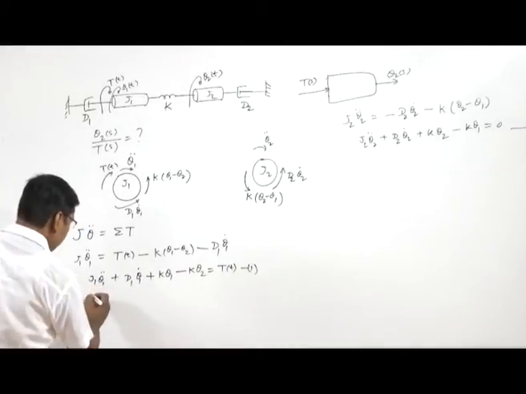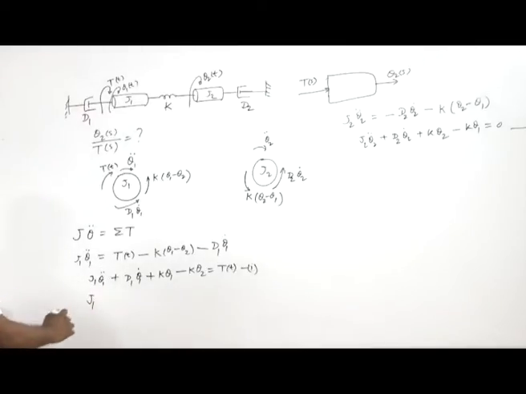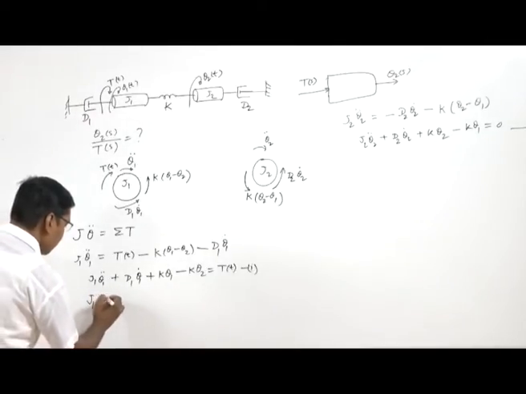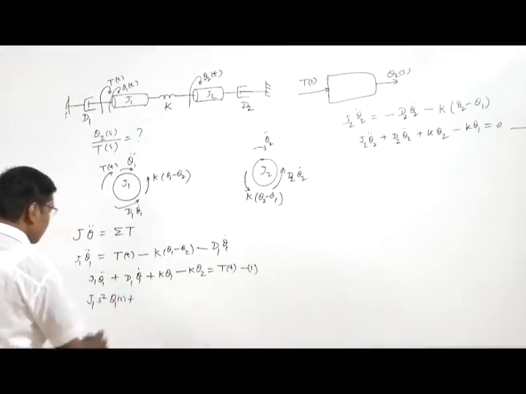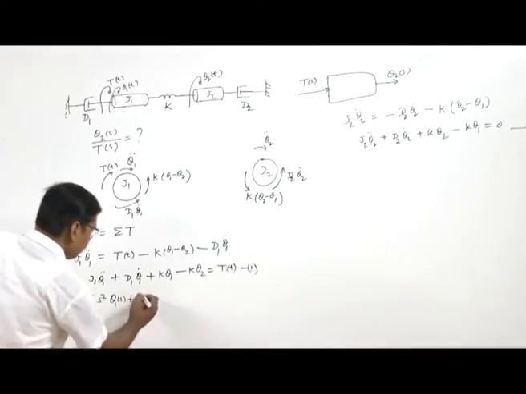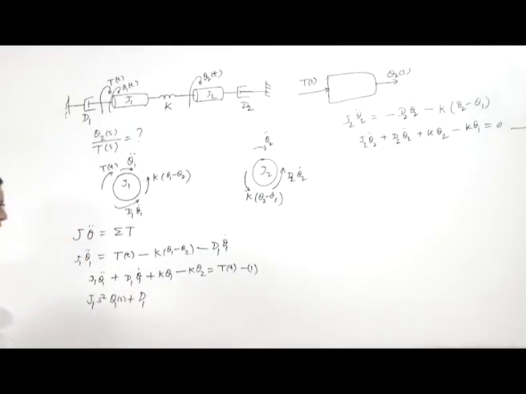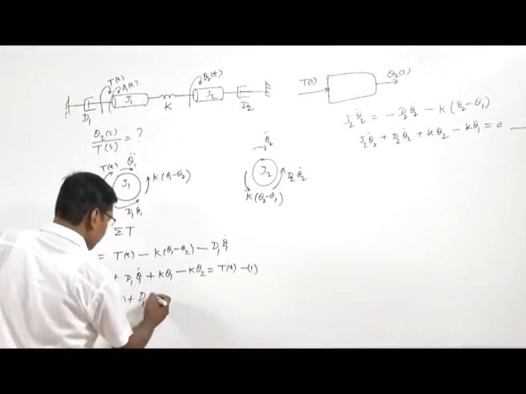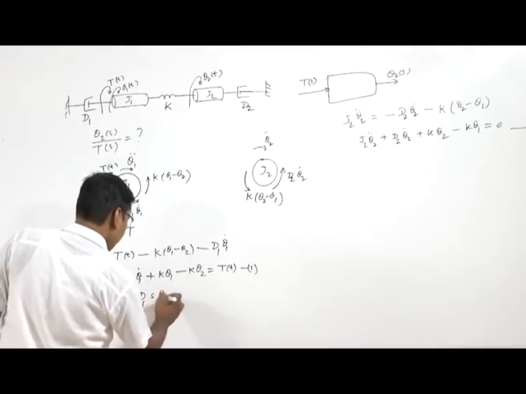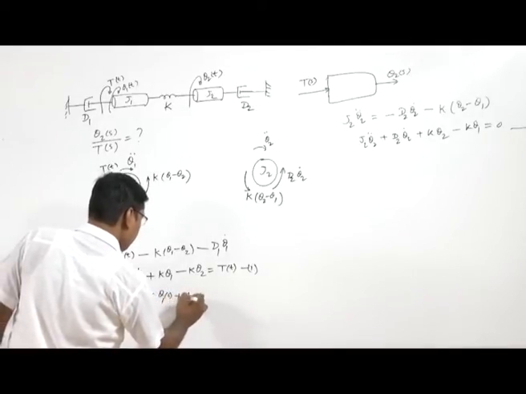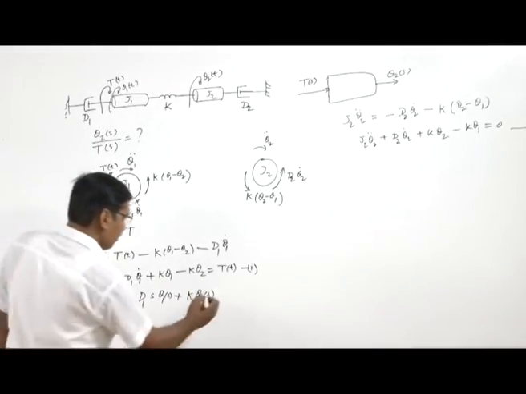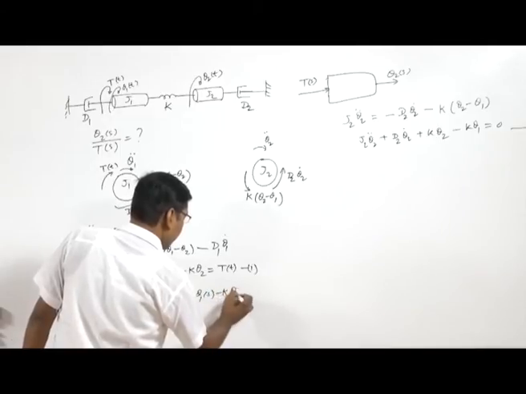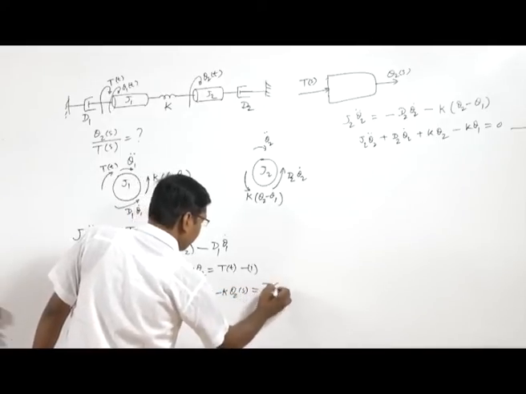So here J1, this is second order, so s square theta 1 s, plus D1, this is a first order differential term, so this is s theta 1 s, plus K theta 1 s minus K theta 2 s equal to T s.